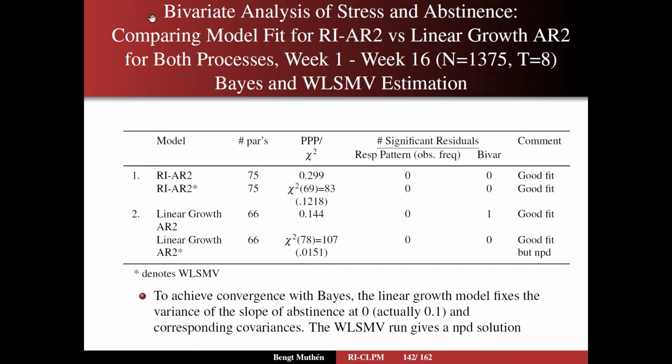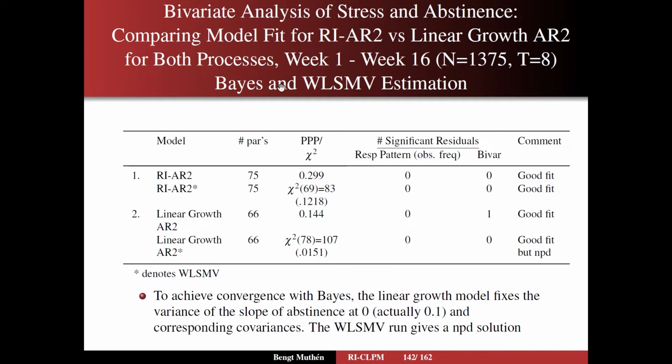Turning then to the bivariate analysis, so both processes, stress and abstinence, on slide 142. And I should mention that again we have the outputs for these runs on the website. So here now again we compare model fit for RI-AR2 versus linear growth AR2, adding the linear slope.